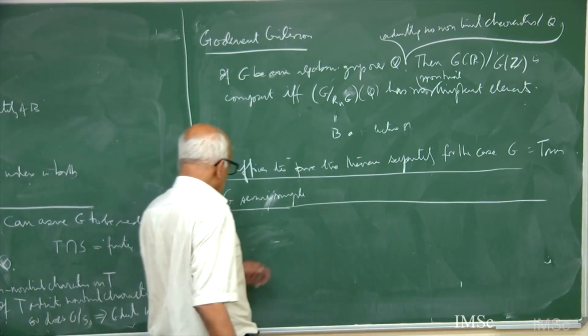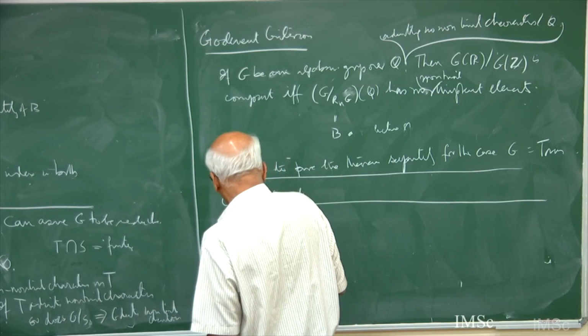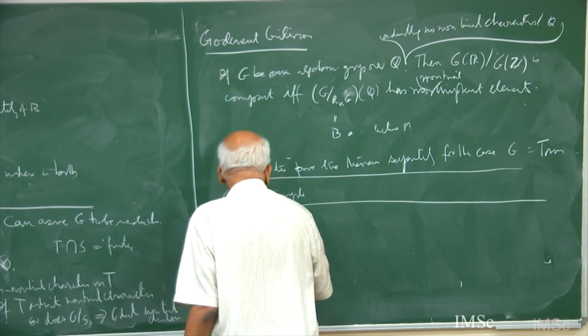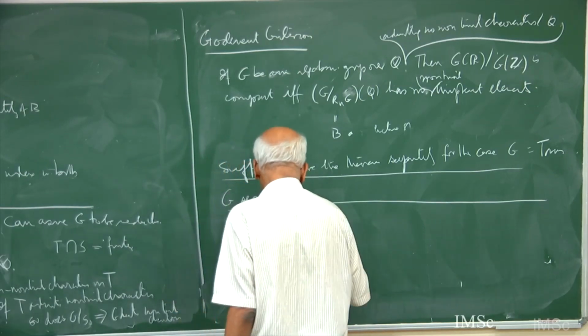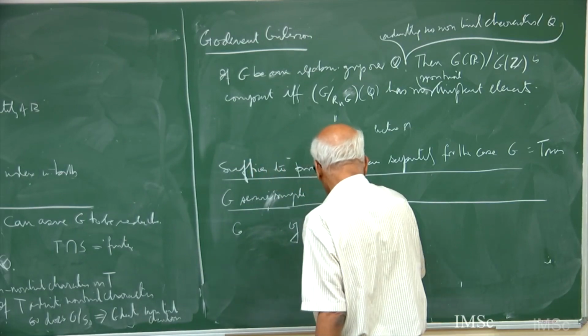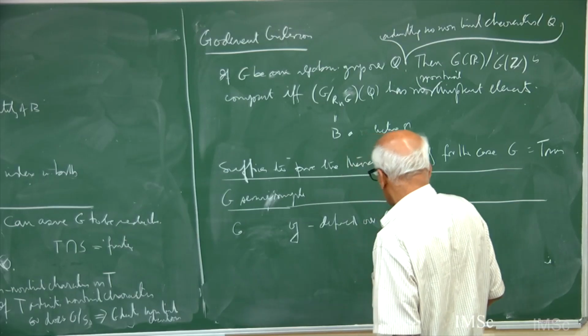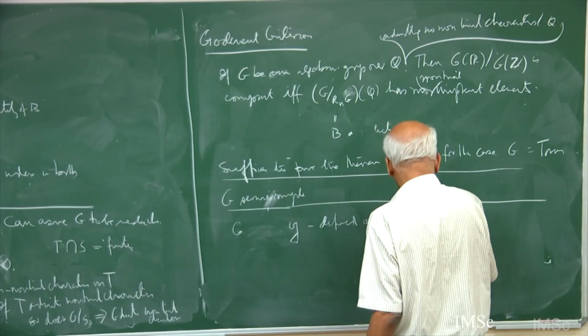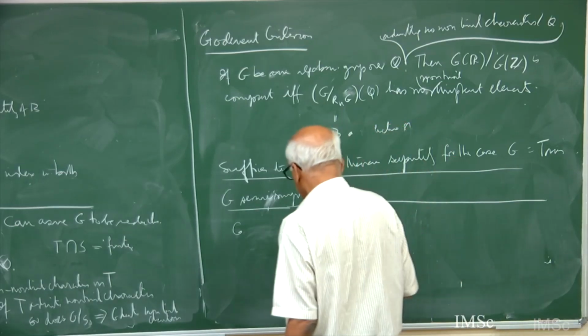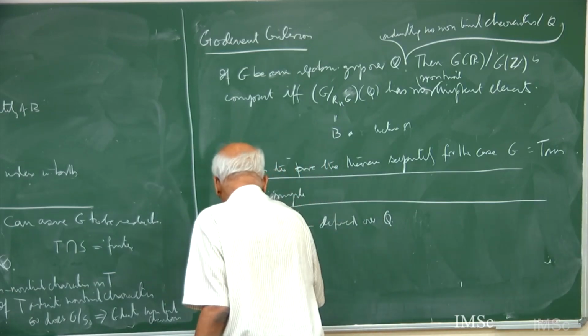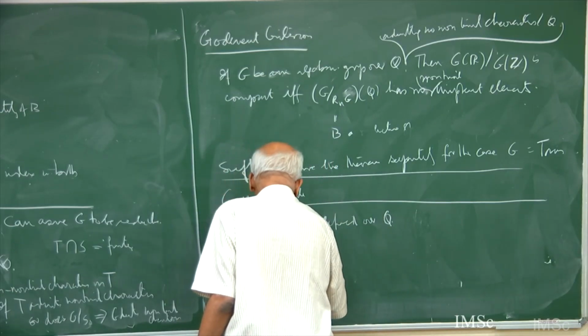So what do I do here? I have this group G and its Lie algebra g. This is defined over Q. So I look at the mapping Ad from G to GL(g).